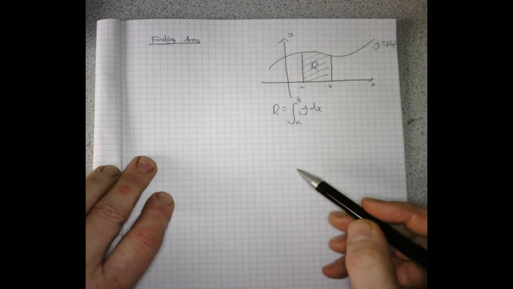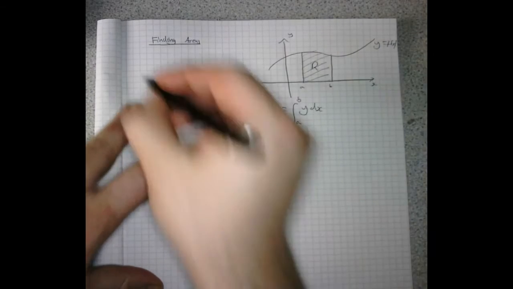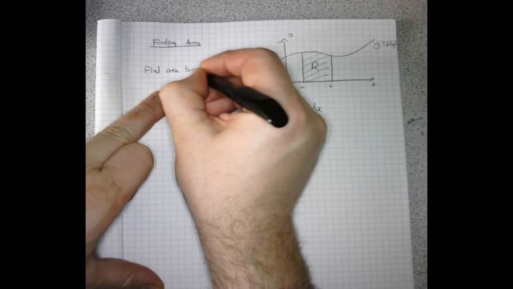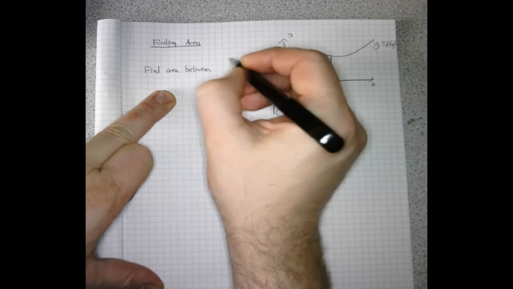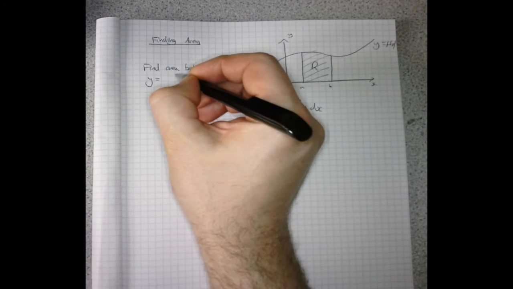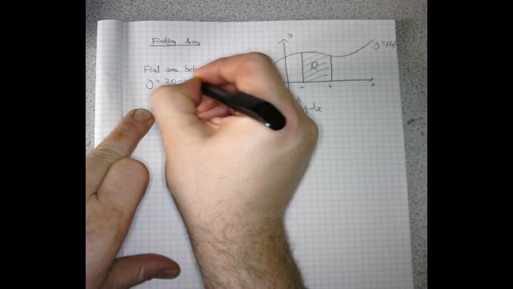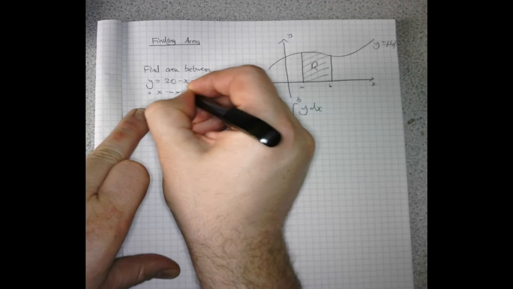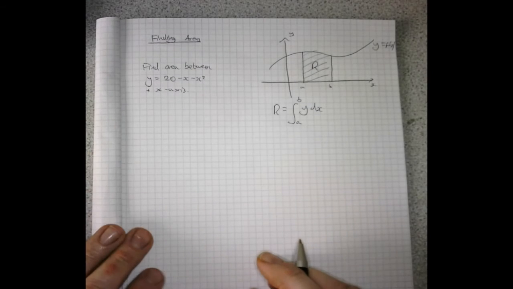The first example says find the area between y equals 20 minus x squared and the x-axis.